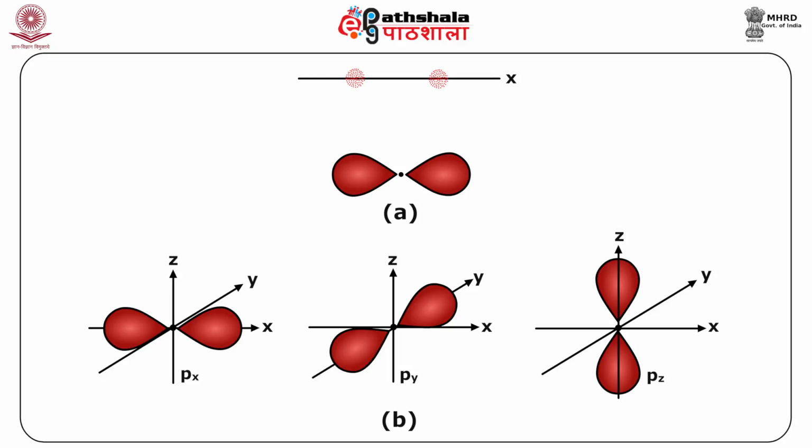But the basic shape of the orbital is the same for all three. This has been shown in the figure. It has one nodal plane, which is a space of zero probability of finding the electron.